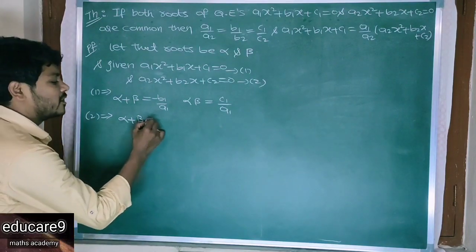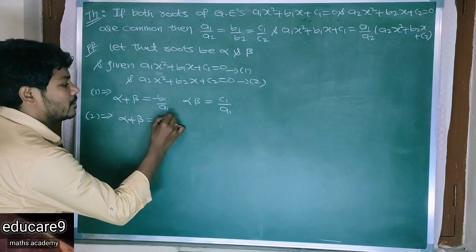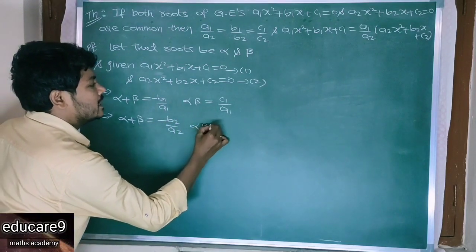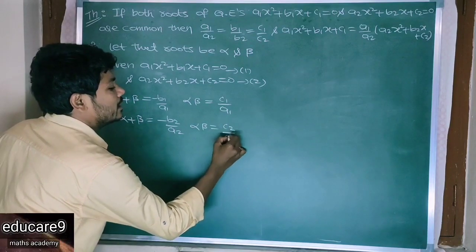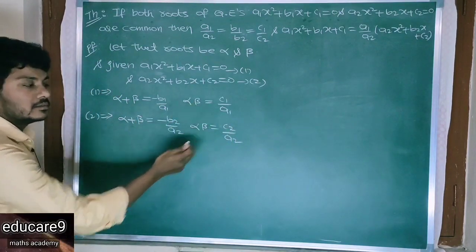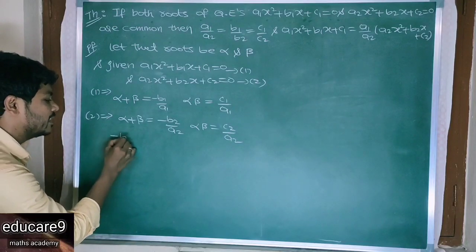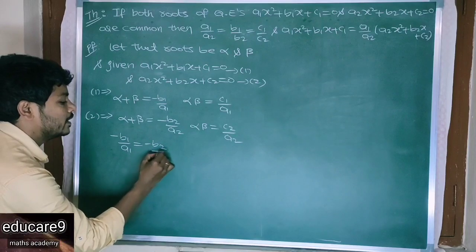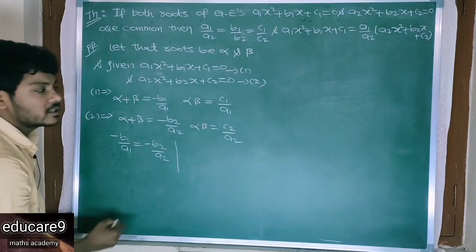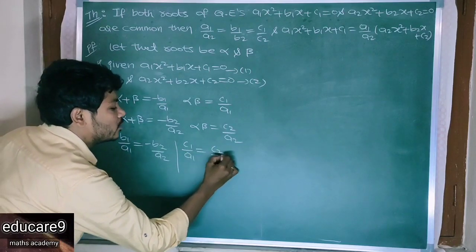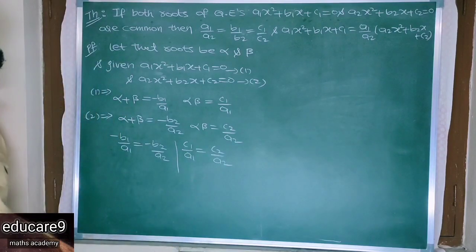So alpha plus beta is equal to minus b2 by a2 and alpha beta is equal to c2 by a2, and equating these two and these two. So minus b1 by a1 is equal to minus b2 by a2. Next one, c1 by a1 is equal to c2 by a2.